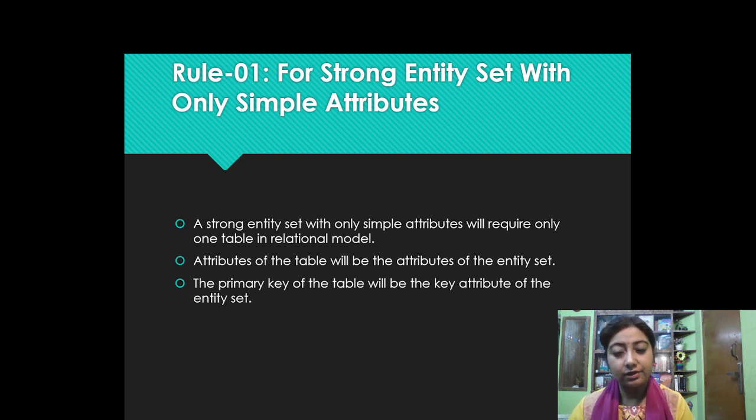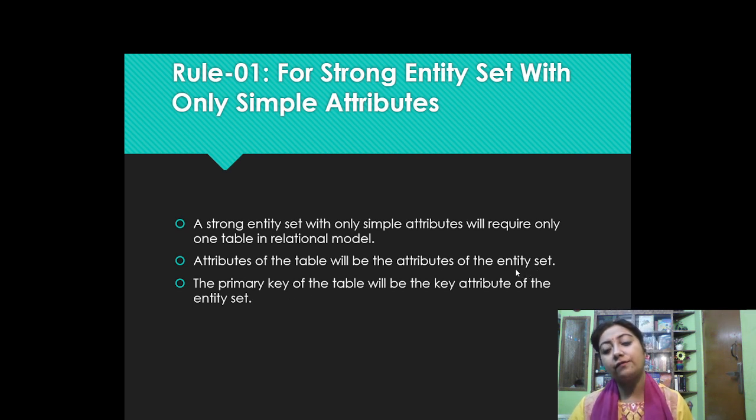So when the strong entity has only simple attributes, this will require only one table in a relational model, and the attributes of the table will be the attributes of the entity set.